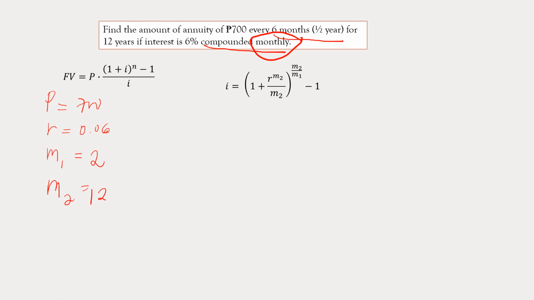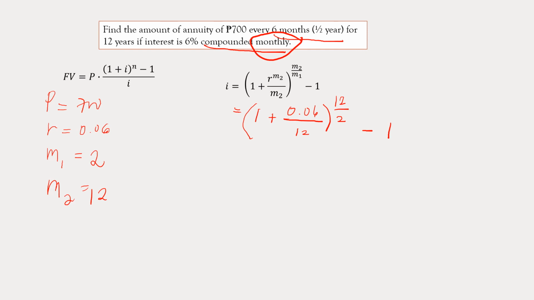So there are 12. So again, isosolve ulit natin tong I.